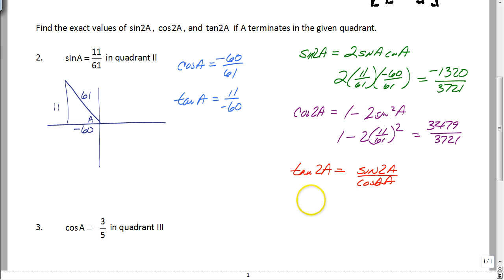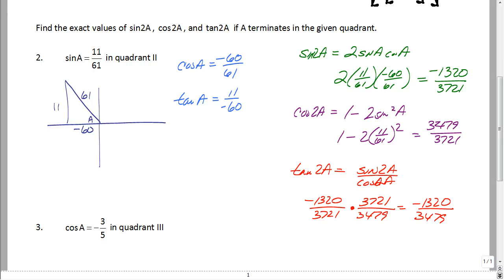So that's just going to be negative 1,320 over 3,721 times 3,721 over 3,479. And of course, that's just going to simplify, giving us negative 1,320 over 3,479. And that's it. You are done with this example. So it's just that simple.